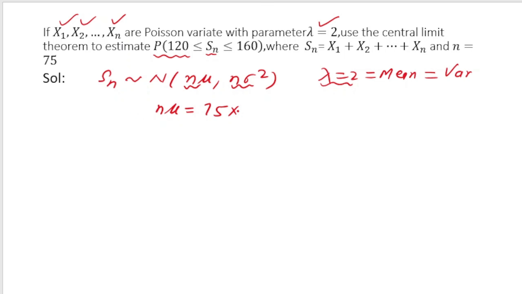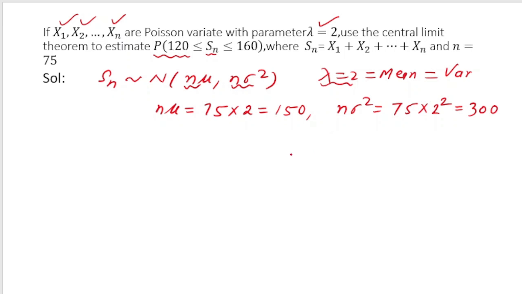So the mean of Sn will be 75 into 2, that will be equal to 150, and variance will be n into sigma square, so that will be 75 into 2, that is also lambda. So here I am using lambda for the mean of the Poisson distribution, but in general notation we use mu and sigma square, so there is no need to worry. So I can write 75 into 2 square, so that is equal to how much? That I think 4 into 75, that is 300. Okay, n into sigma square.